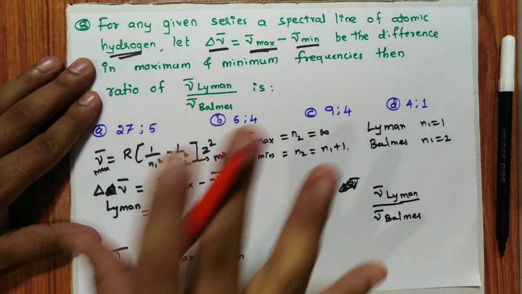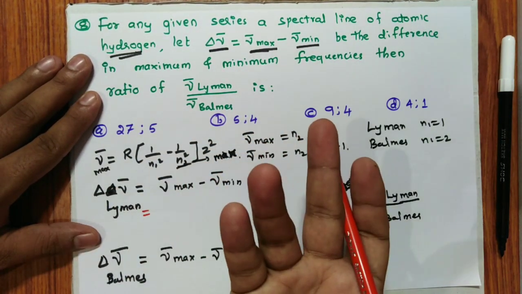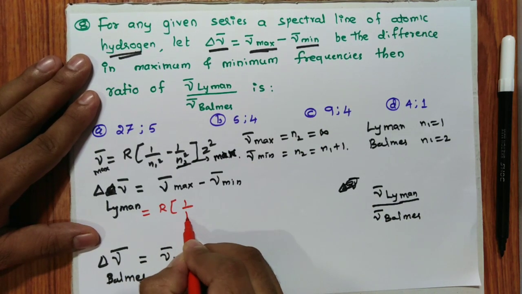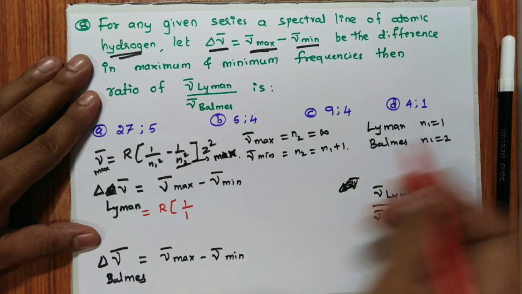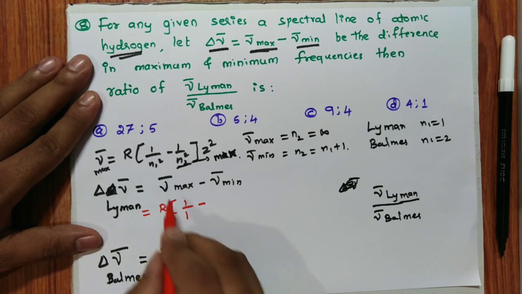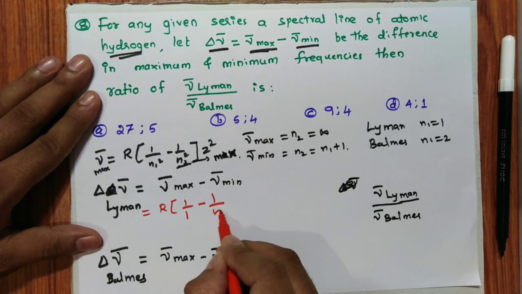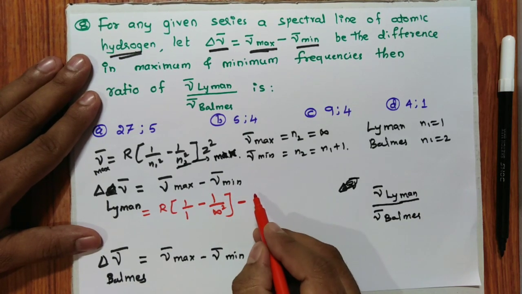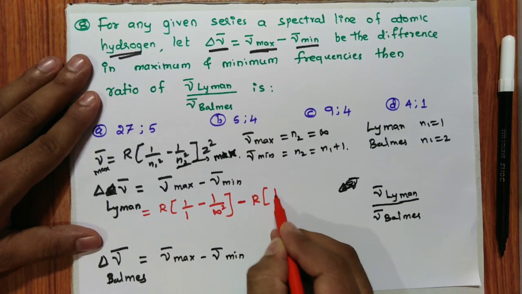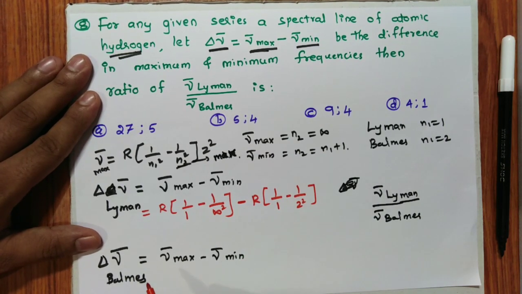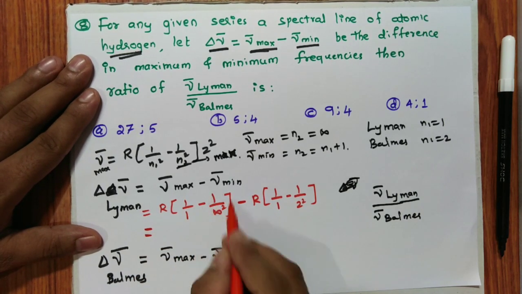Now in this particular case, for nu bar maximum, we write the formula. R we will keep as it is, because later R is going to get cancelled. So R into 1 divided by 1 square, that is N1 square, N1 equal to 1, minus 1 by N2 square, which is 1 by infinity square, minus nu bar minimum. Nu bar minimum means R into 1 by 1 square minus 1 by 2 square. Here 1 by infinity is equal to 0.